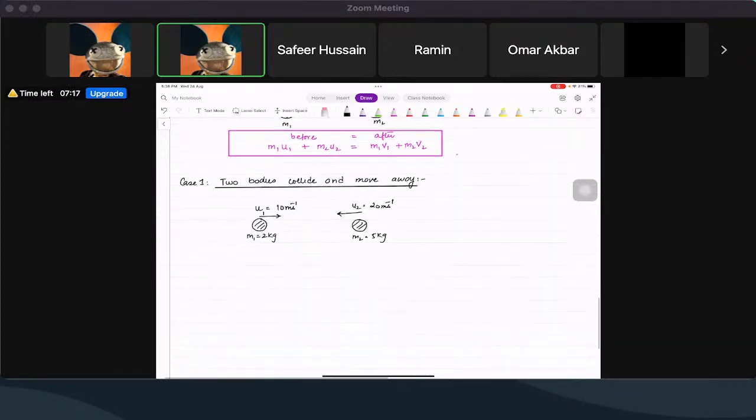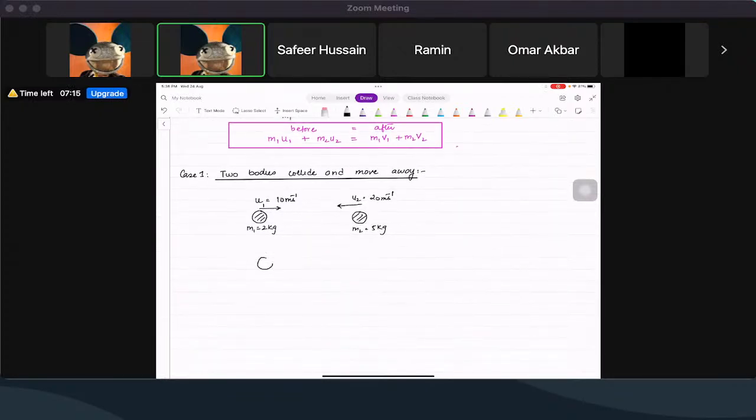After collision, m1, which was 2 kg, moves in this direction, v1 as 6 meters per second, and this object m2, 5 kg, we don't know the velocity or the direction of this, and we have to find that, right?